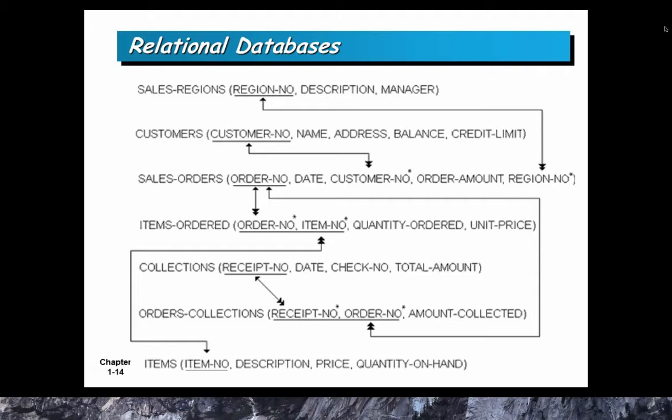The sales order also has a region number as a foreign key. It has two foreign keys. You can have as many foreign keys as you want. That region number points to the sales region table, so you can then see how many sales orders you have per region. Look at this one here. Order number, item number.